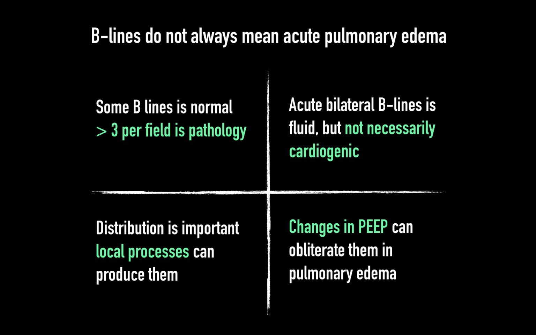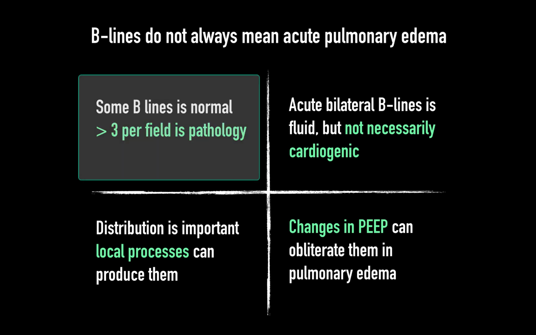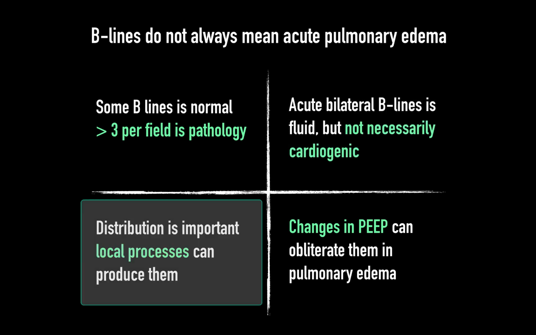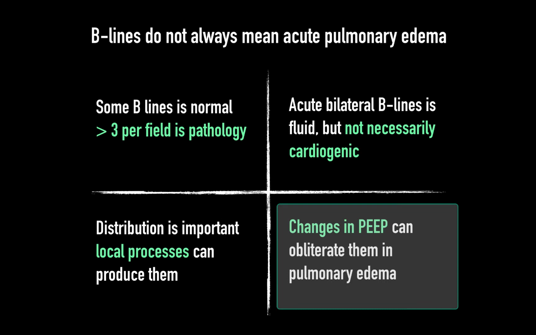Notably, B lines can be normal, such as in dependent areas subject to mild atelectasis. Acute bilateral B lines can also represent non-cardiogenic pulmonary edema. Local processes can produce them, such as early pneumonia, and they can be obliterated by positive pressure ventilation in some cases, despite being the initiating cause of respiratory failure.